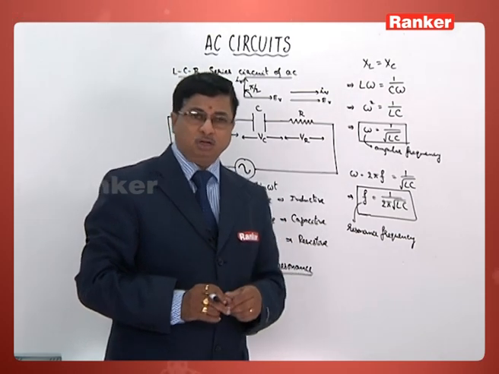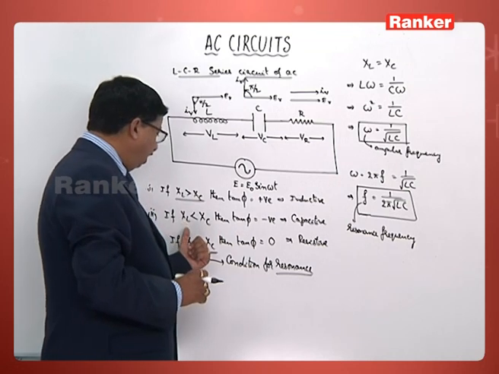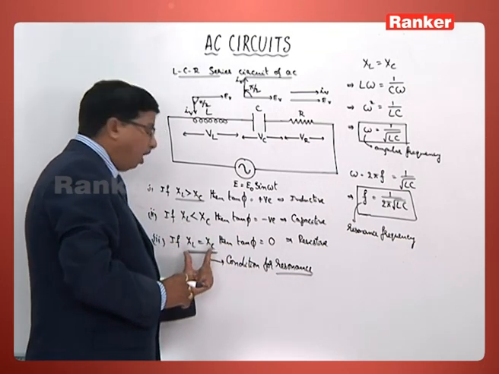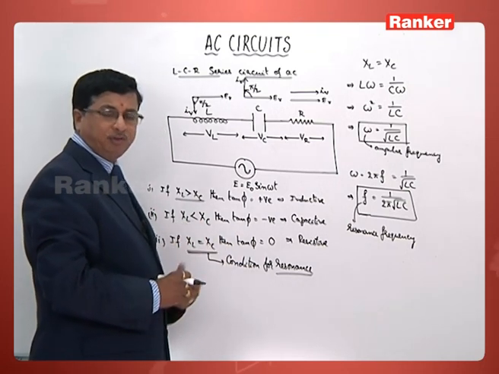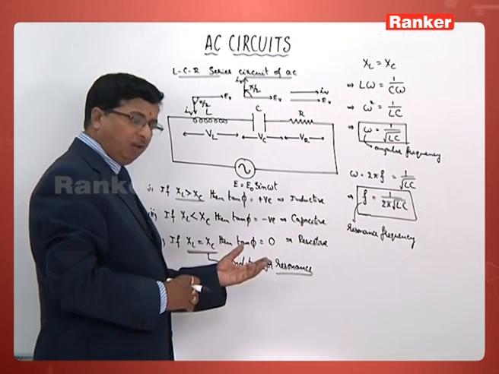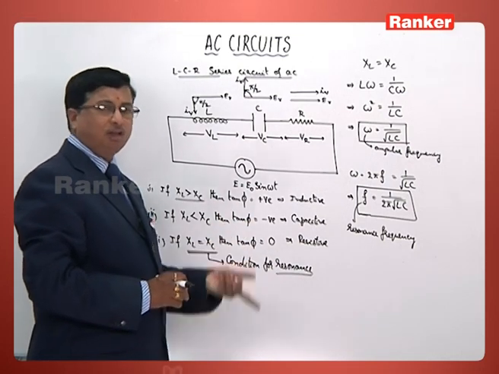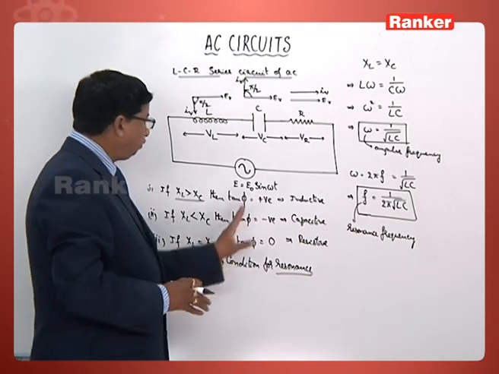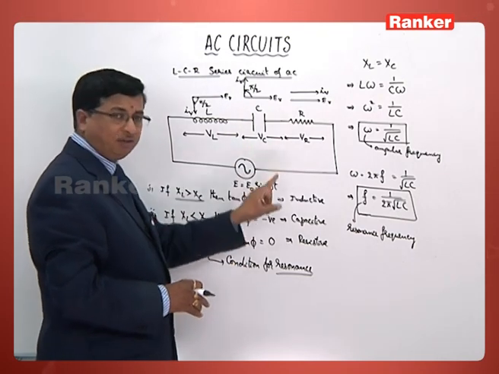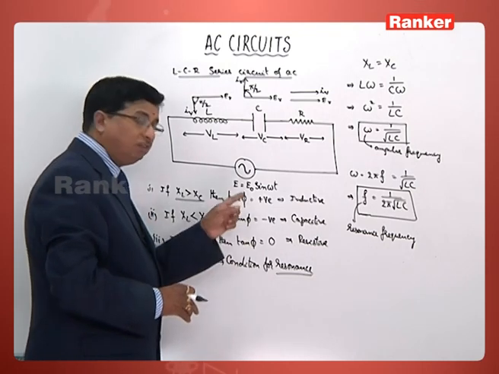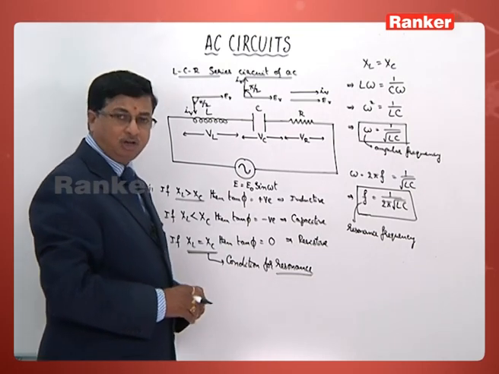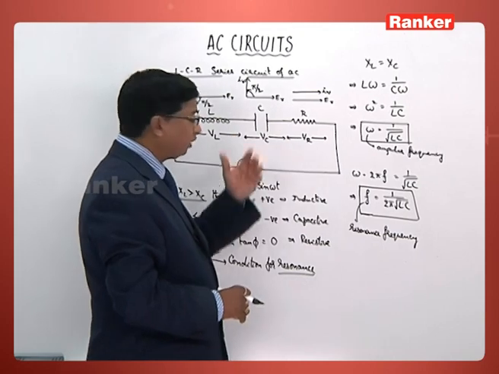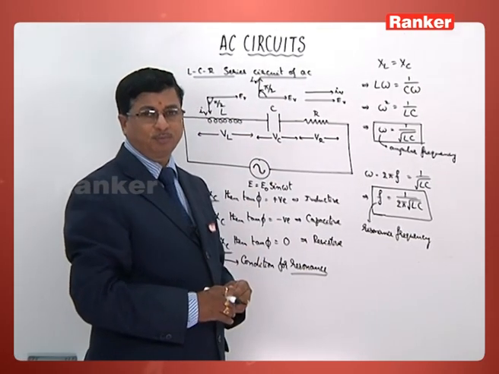That means the value of XL and XC are equal. When they are equal, VL and VC are also equal and opposite. They get cancelled. Then the total circuit becomes a resistive circuit. It is at that juncture we can say that the circuit is in resonance.